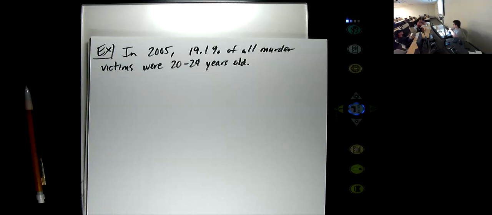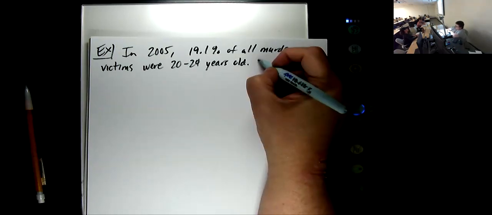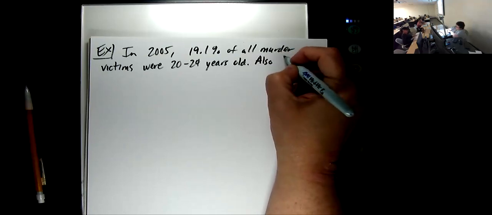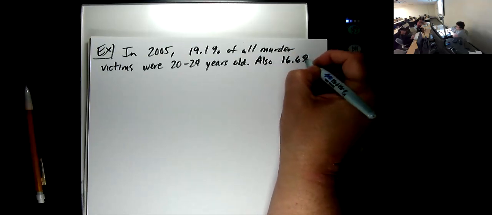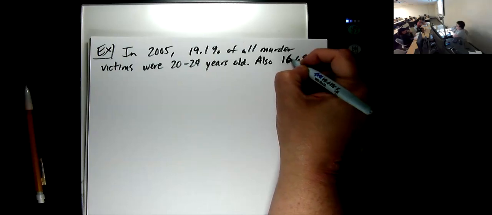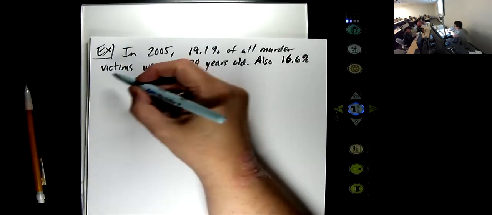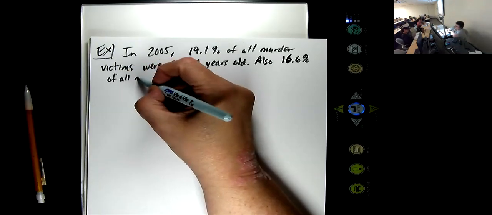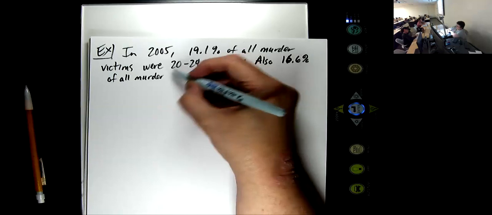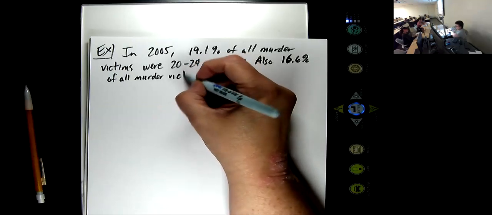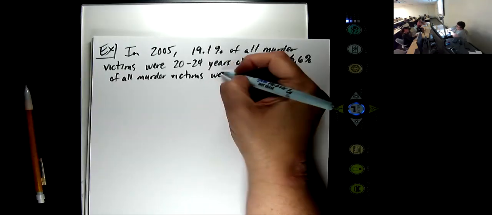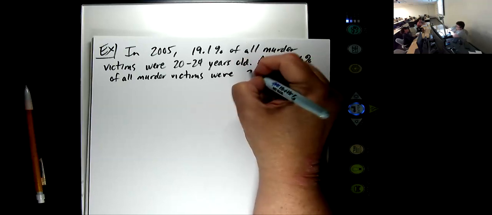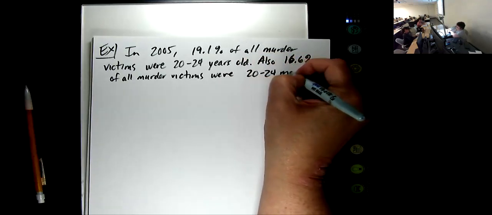I'm tired of writing years old already, so I'm gonna just say 20 to 24 later on. Also of note was 16.6% of all murder victims were 20 to 24-year-old males.